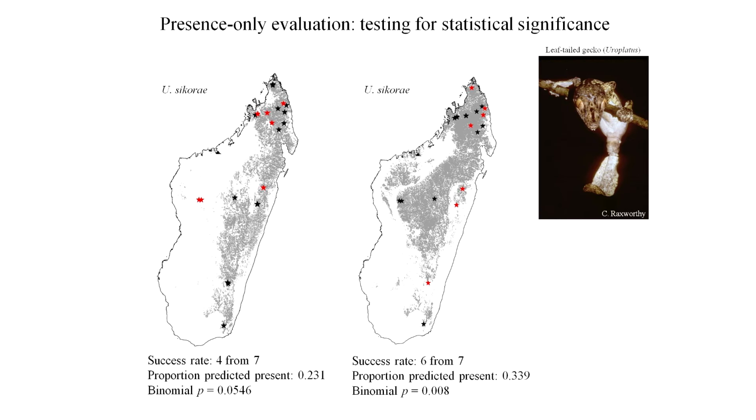So what you often see in papers, presence-only test statistics pairing a success rate with a binomial test of statistical significance, is in effect what they're doing. There are limitations of that which are widely discussed, and there are efforts being made to come up with improved approaches, better ways of doing it, but that's a very common approach that you will see in the literature.